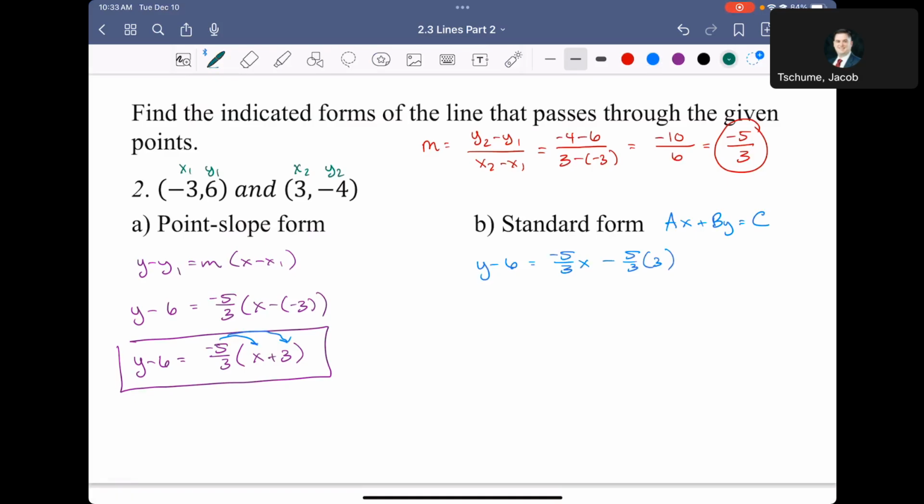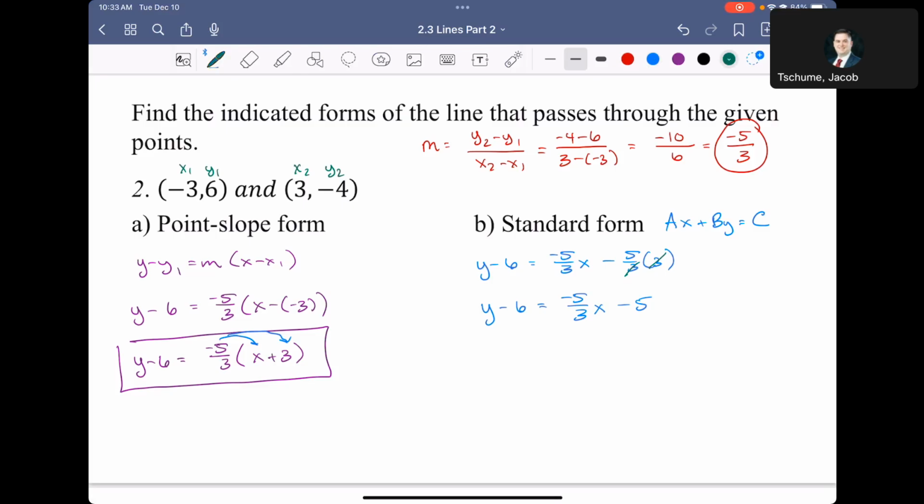Well, very nicely, it looks like the 3's are going to end up canceling here, and you get y minus 6 equals negative 5/3 x and then minus 5. Now, if you're trying to match this to standard form, you're trying to put your x's and y's on one side and the numbers on the other.